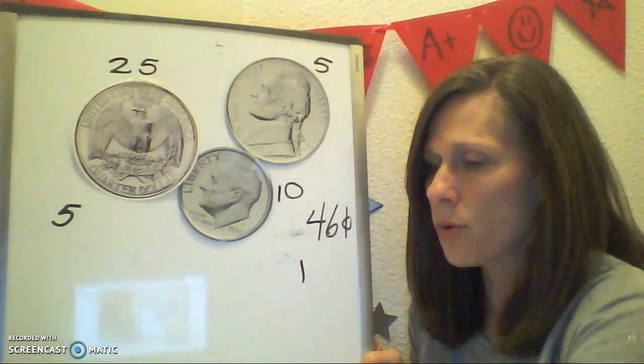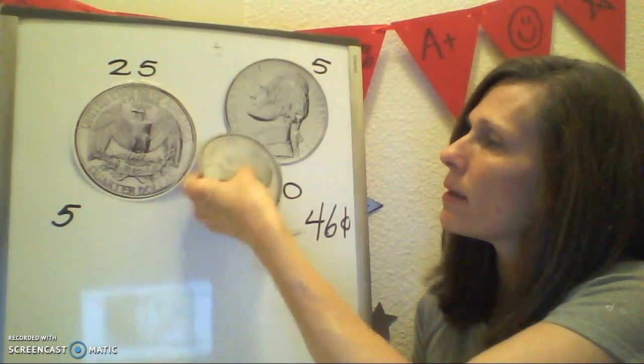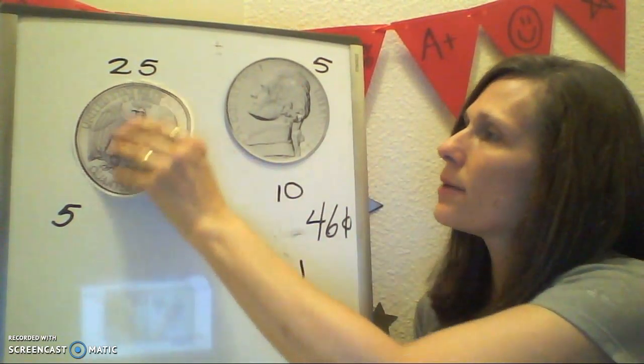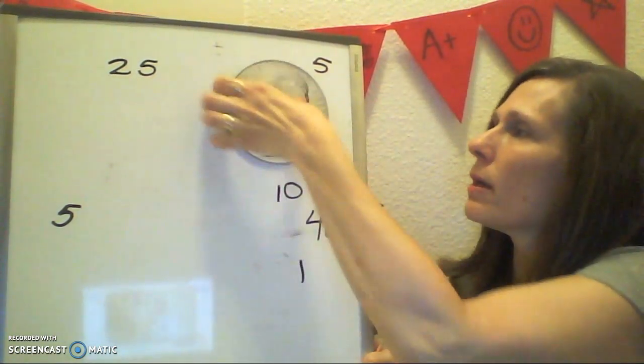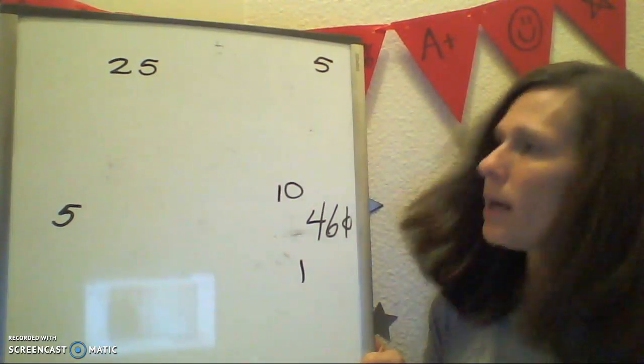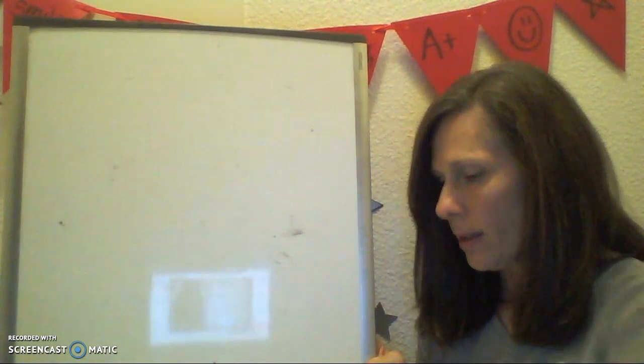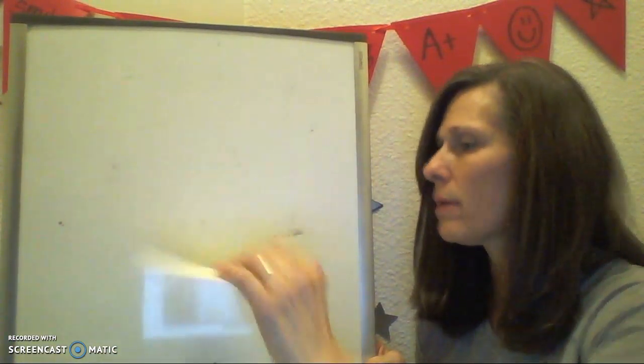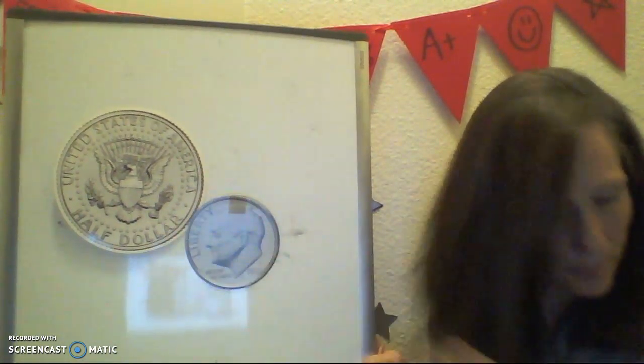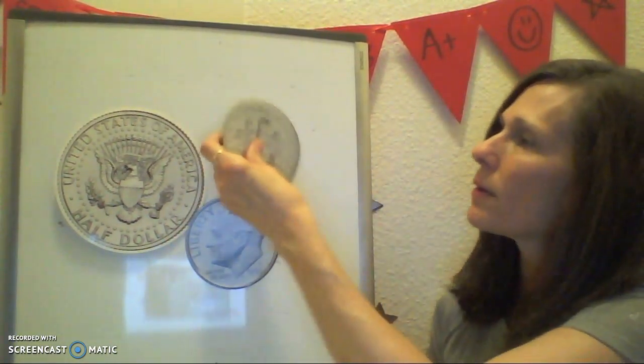Okay, so here we go. Let's do a few more together. Take these down. All right, let's put up our 50-cent piece. Here we go. And let's put up some dimes. Okay, and let's put up some pennies. All right, here we go.